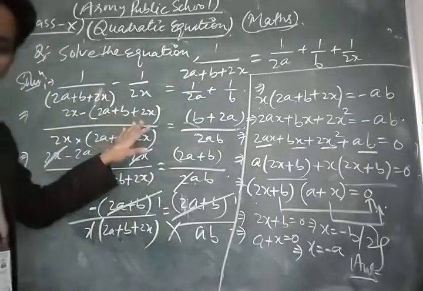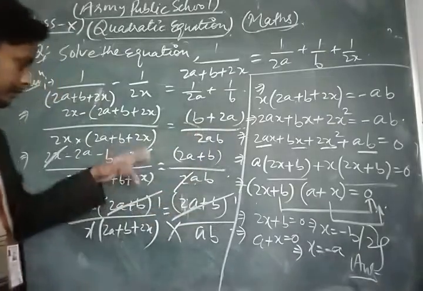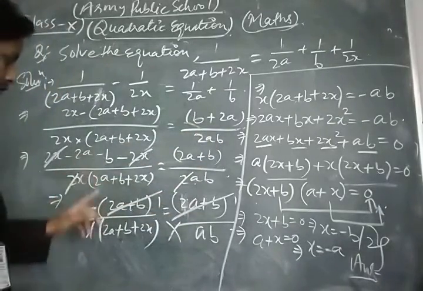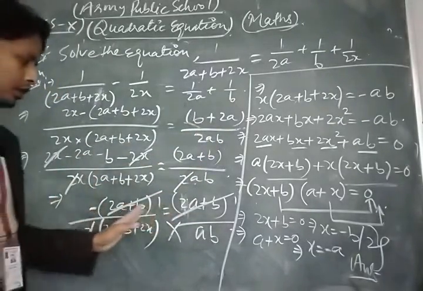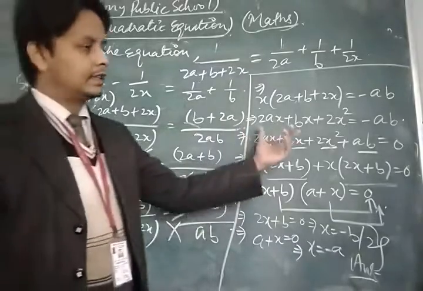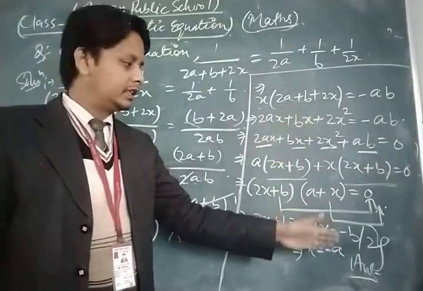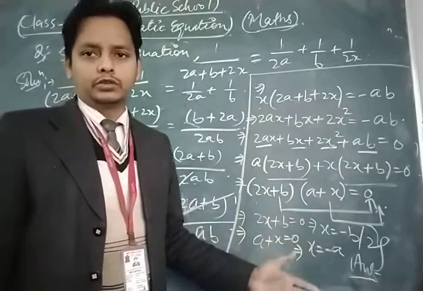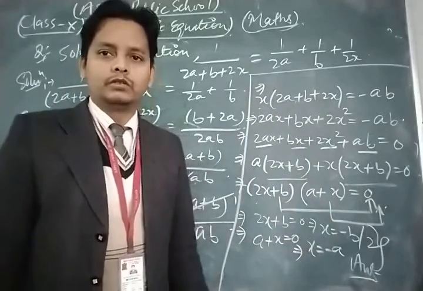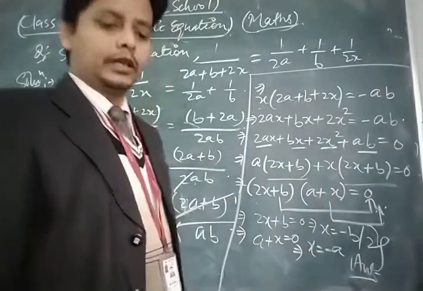We take the LCM on both sides and simplify them, so we get this result. Now from these two we take minus as common, so after cross multiplication we get this. Now after simplifying them we get our result. So in this way you can solve that question. Now we take and solve some other important question related to that chapter.